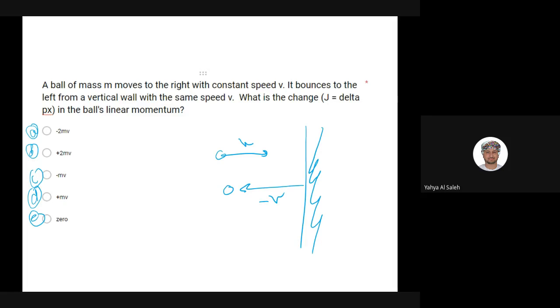Okay, we have almost an equal number of A's and B's. What did we say J was? J was delta P, which is equal to P final minus P initial. What is P final? M times minus V, minus P initial, which was M V. So minus MV minus MV, minus 2 MV. The correct answer is A.